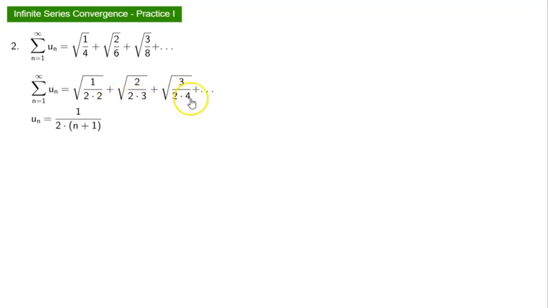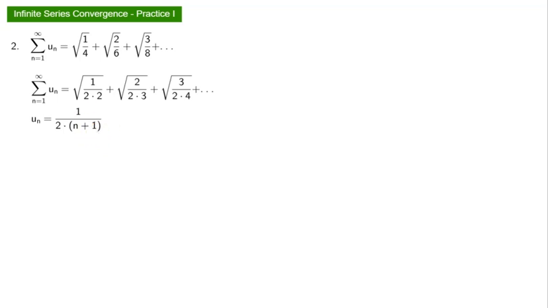And here now you can clearly make out the pattern. The numerator goes as per n. 2 is a constant and 2, 3, 4 goes as per n plus 1. So U sub n is equal to square root of n by 2 times n plus 1.